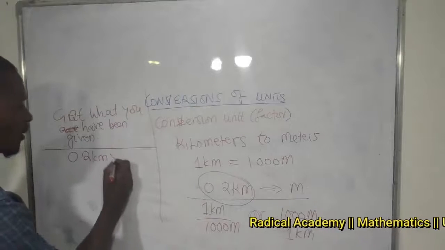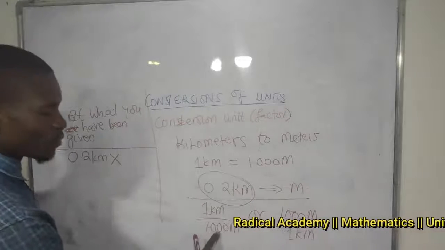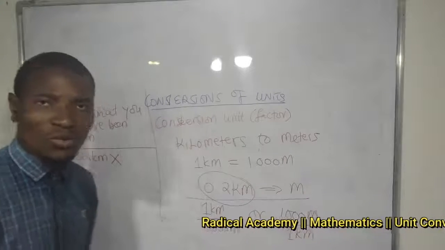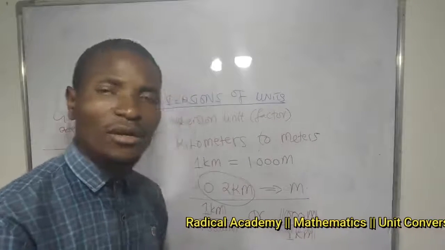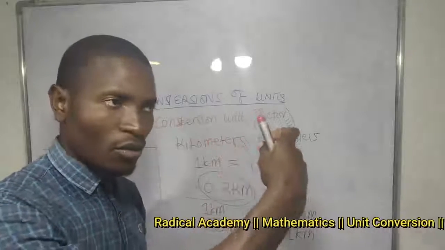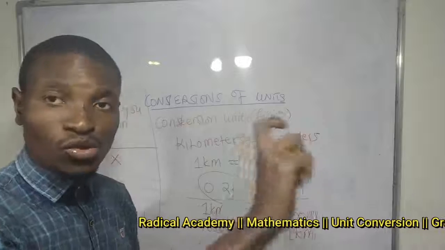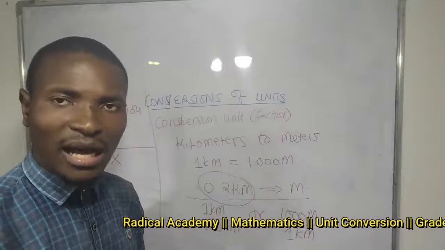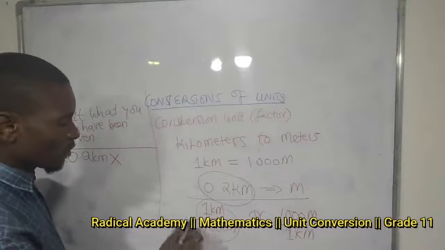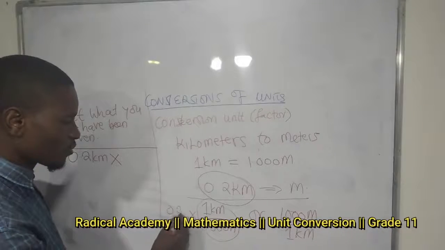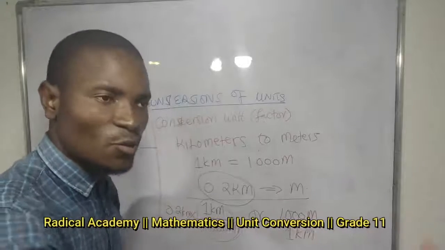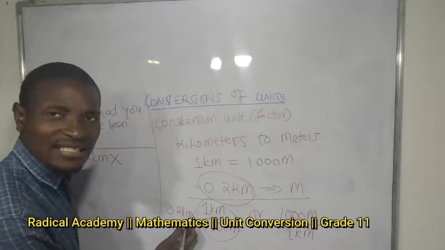Okay, so if I multiply with this one, it's not going to cancel, because I want something which will cancel the kilometer on top with the kilometer at the bottom. So when you multiply 0.2 kilometer, since I'm going from kilometers to meters, this isn't cancelling.